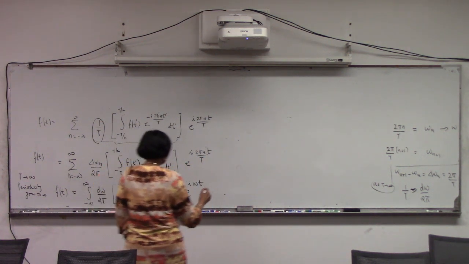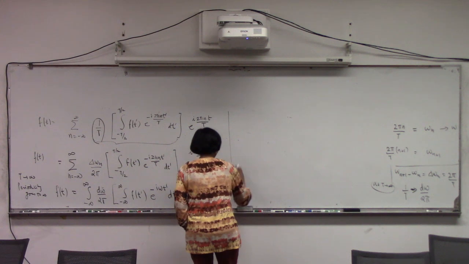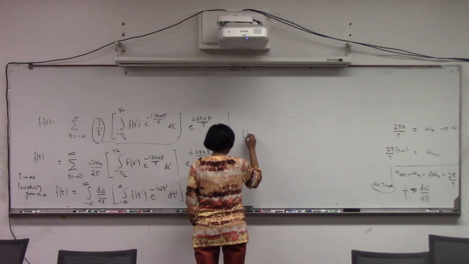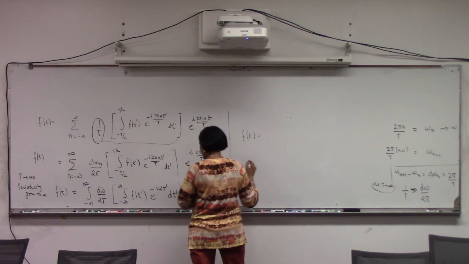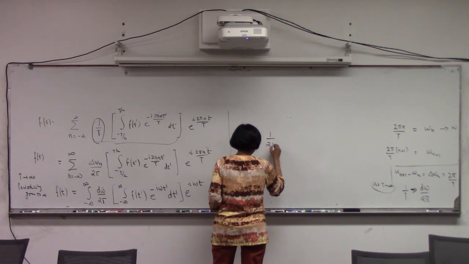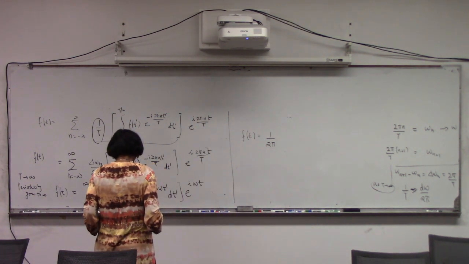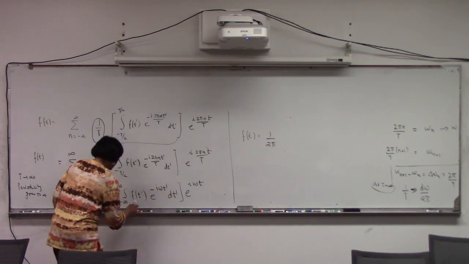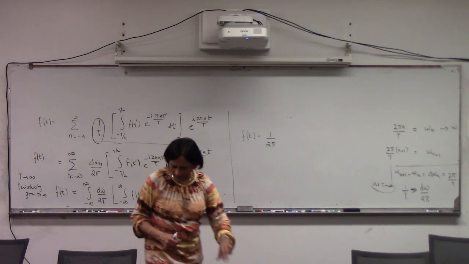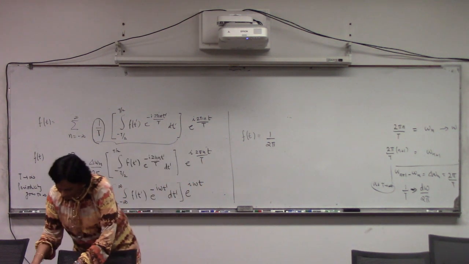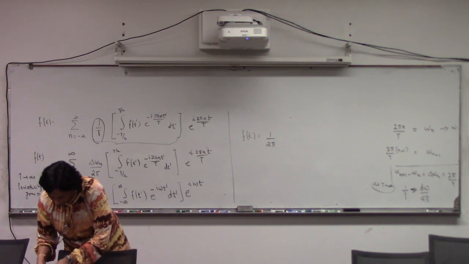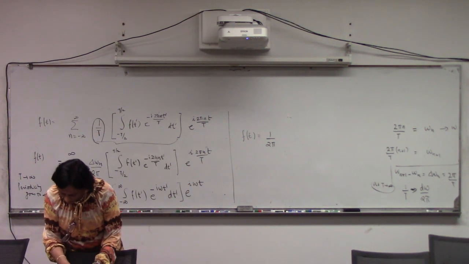So what I've written is this function f of t as 1 over 2 pi of... We can decide where to put the 2 pi, in one or the other. I'm going to emphasize that definition a little bit more.